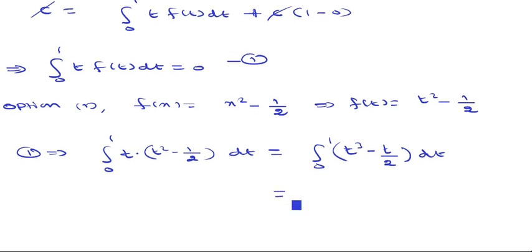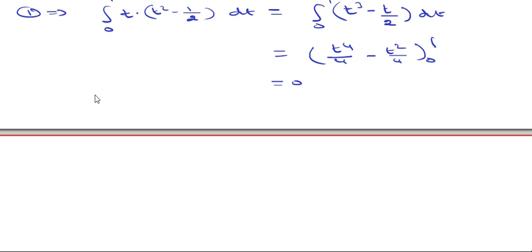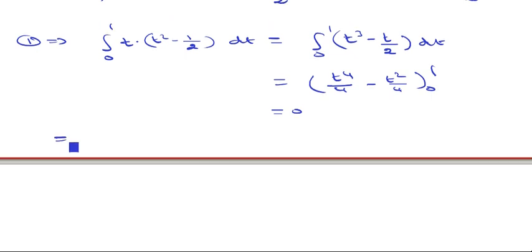Now we will integrate this one. So t power 4 by 4 minus t square by 2, so we get t square by 4. When you substitute the limits, we will get 0. So what can we say?